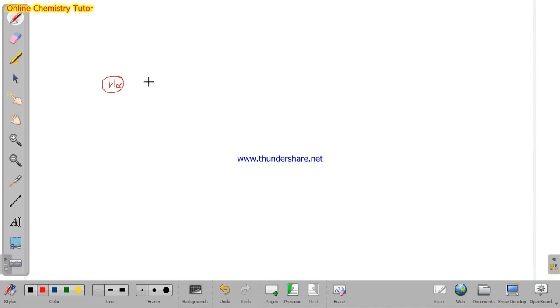H alpha line means, in the Balmer series, the electron is coming from a higher orbit to the second orbit, n equal to 2, and H alpha means the higher orbit will be the next orbit, that is n equal to 3. From n equal to 3 to n equal to 2 transition, what will happen? For n equal to 3, the k values are 1, 2 and 3, so there are 3 different k values. For n equal to 2, the k values are 1 and 2, so 2 different k values.